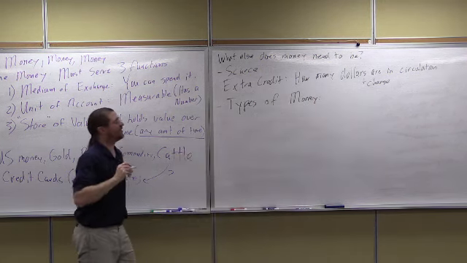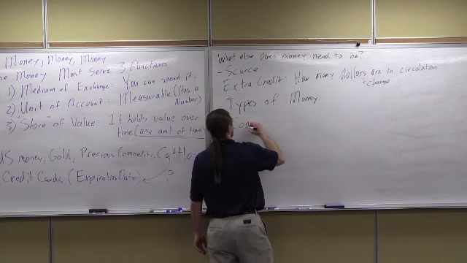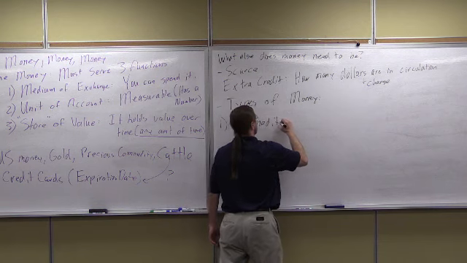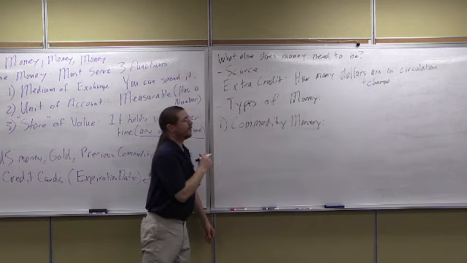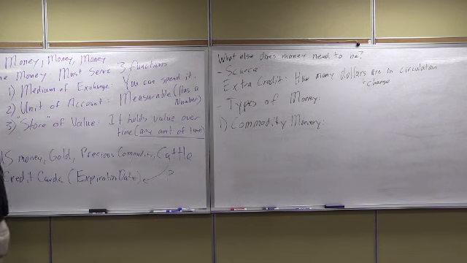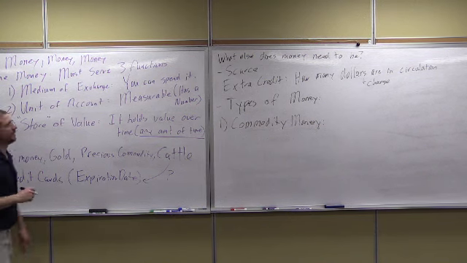Money can take two different forms. Commodity money is, guess what kind of money that is? That's money that also is a commodity, right?